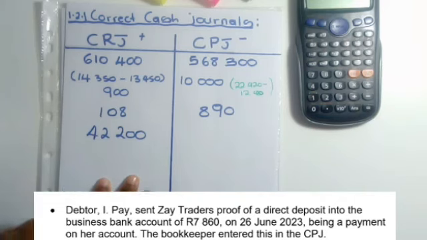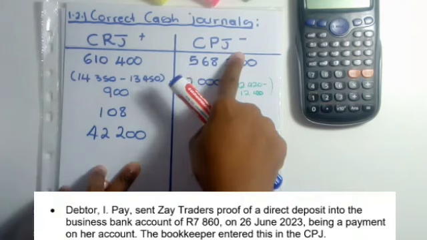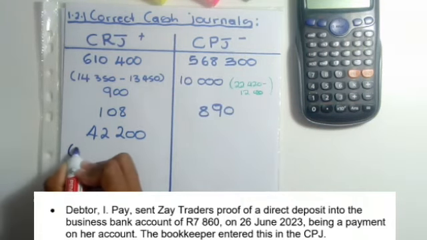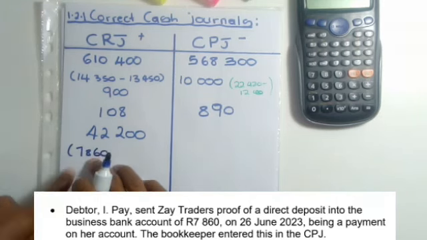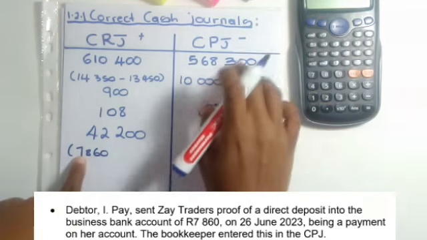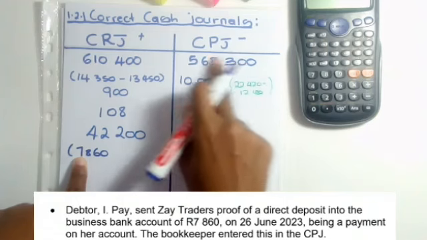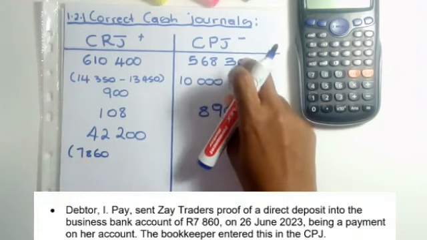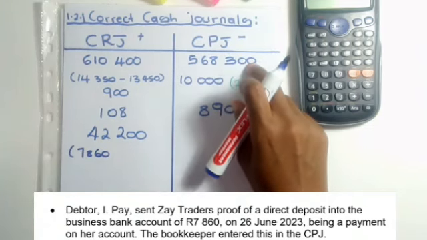But I need you to understand, we are coming back to that issue of a plus and a minus. If I record this amount in here at 7,860, this amount is a plus that is going to cancel out the minus that was entered in this amount already. Remember, in here there is already a 7,860.